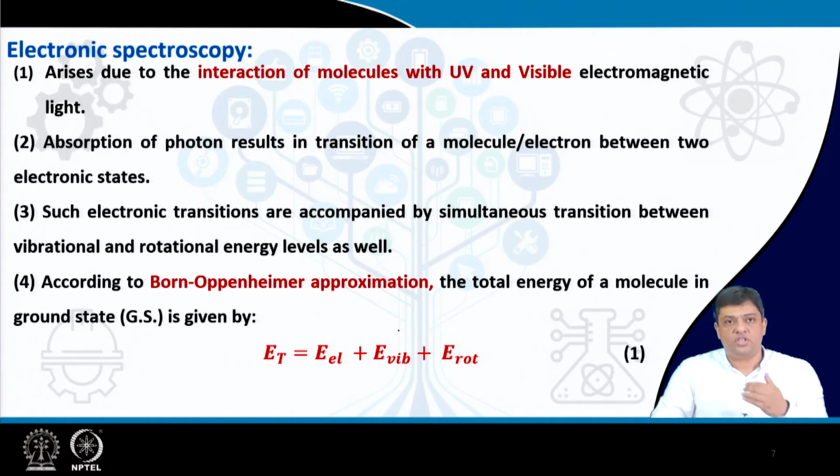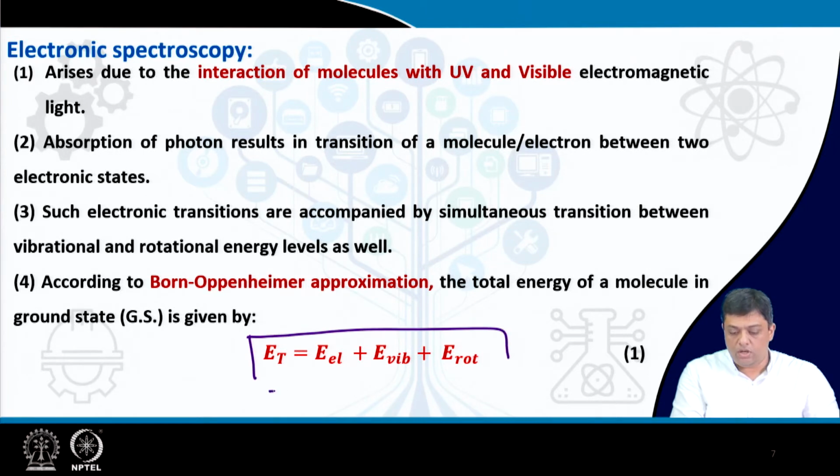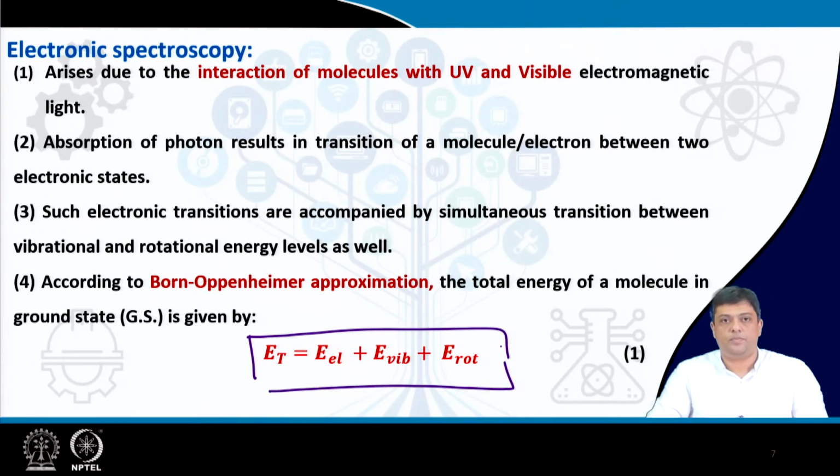Such electronic transitions are accompanied by simultaneous transitions between vibrational and rotational energy levels, and according to the Born-Oppenheimer approximation, the total energy of a molecule in ground state is given as E electronic plus E vibrational plus E rotational. This is the total energy of a molecule in ground state.